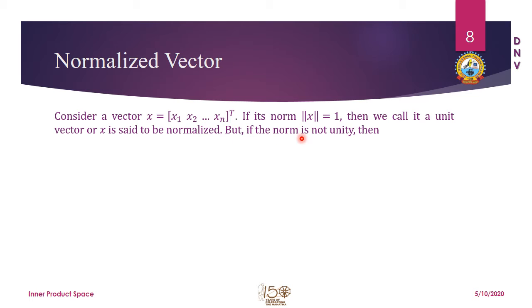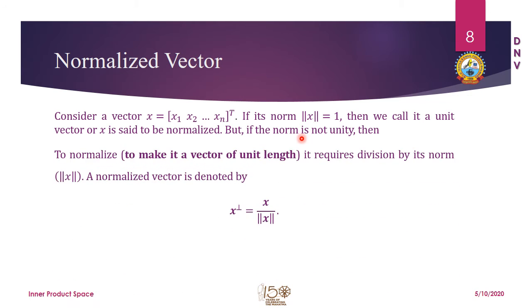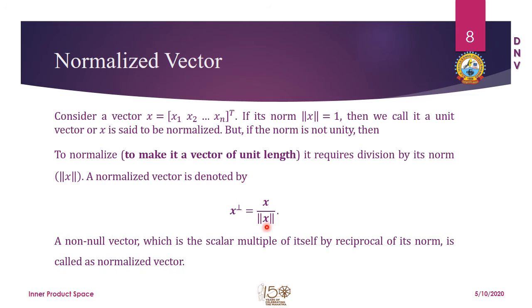But if the norm is not unity, then how do we make it a normalized vector? To normalize it, or to make it a vector of unit length, it requires division by its norm. So a normalized vector is denoted by x hat equal to x upon the norm of x. So a non-null vector multiplied by the reciprocal of its norm is called a normalized vector.